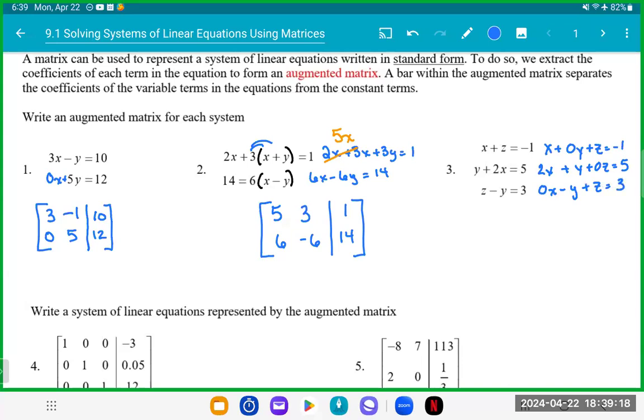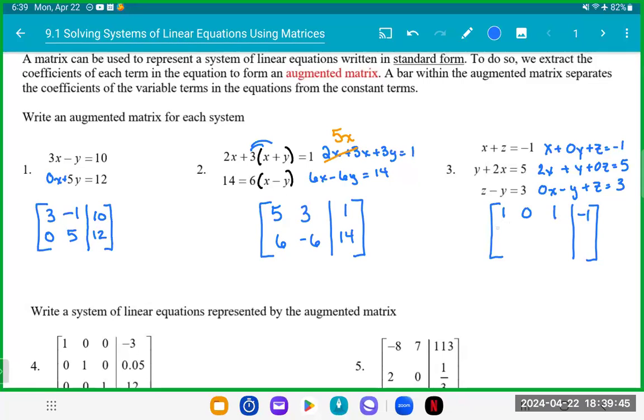So you see how we put those in, we arranged them in X, Y, Z order, because we have to make sure that it's in the correct order before we build our matrix, or our matrix will not be correct. Okay? So my first equation, I have 1x, 0y, 1z, and -1 for my constant.